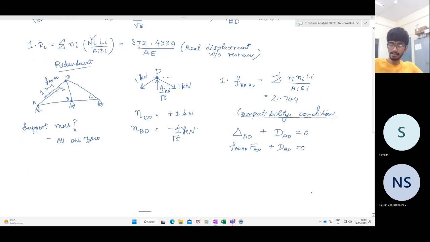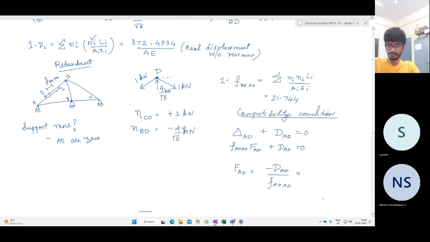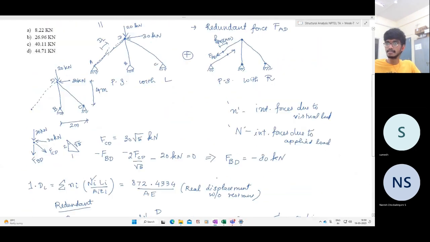Now what is capital FAD? Capital FAD is nothing but minus D_AD by F_AD. Let us find out. It's nothing but 40 point. Let us see if our answer is here. Yes, the answer is C, 40 point.